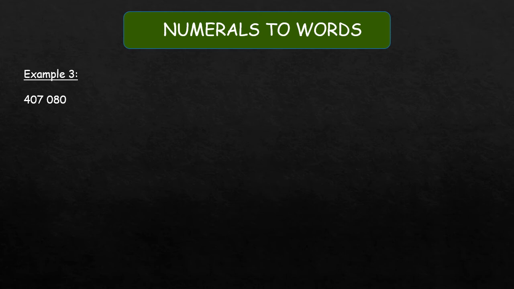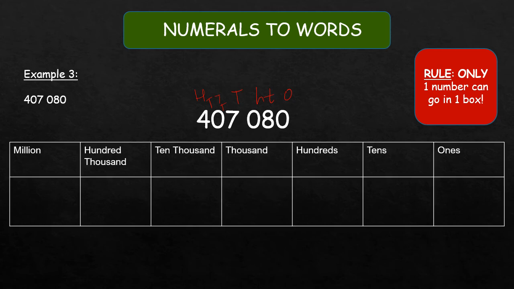For the third example, changing from numerals to words, same old step. Just label the place value. Ones, tens, hundreds, thousand, 10,000, and 100,000. And then filling in the numbers in the place value, and then dividing the family.